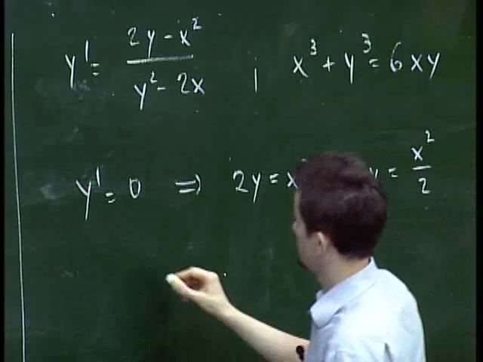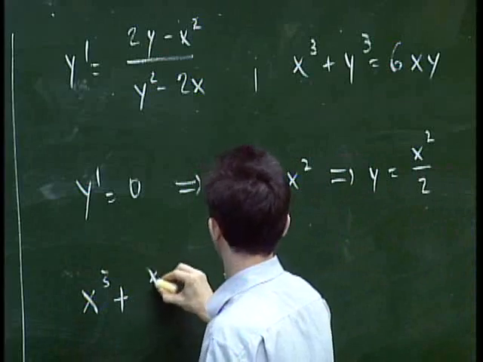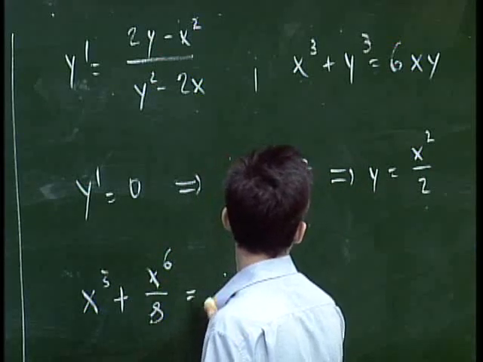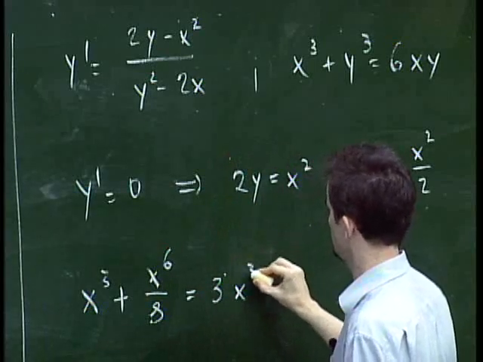So you have x cubed plus x to the 6 over 8 is equal to 3x cubed.